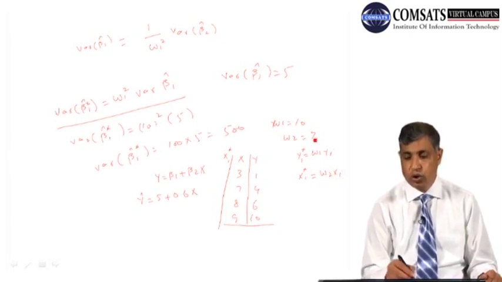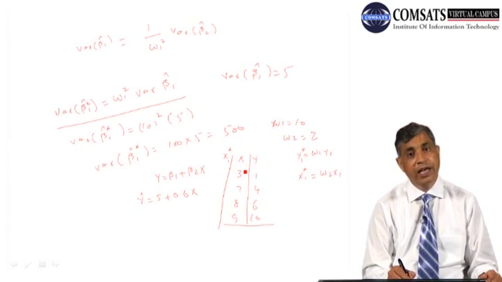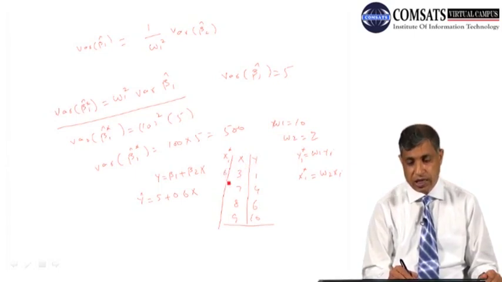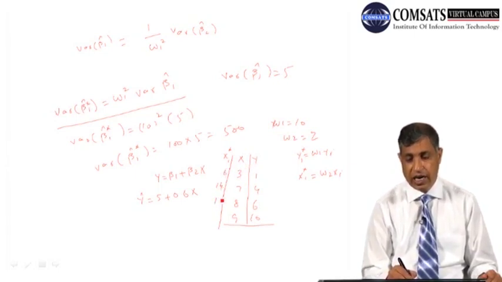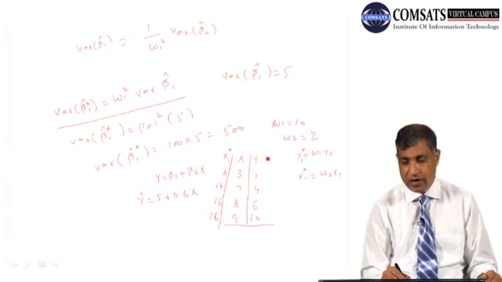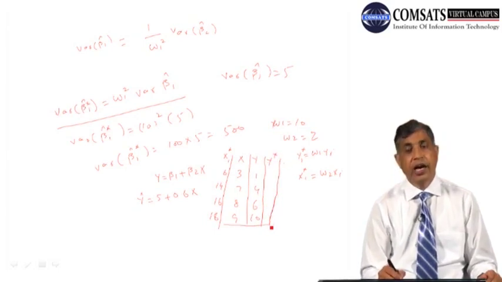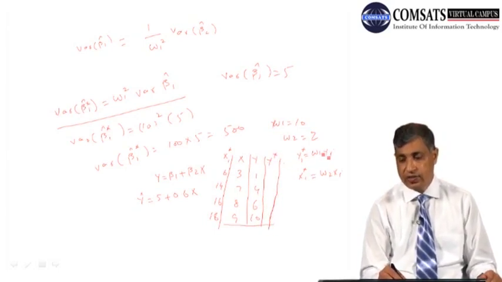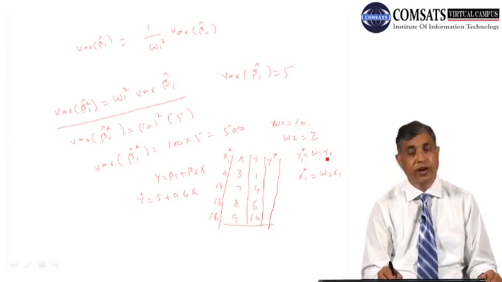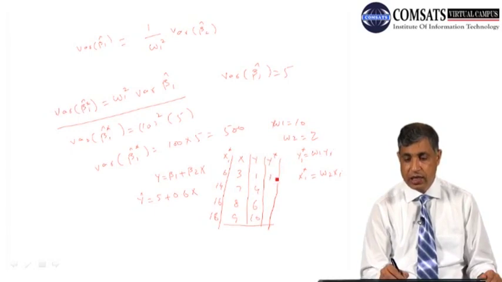W2 is equal to 2 here, so I would have to multiply each value. This will become 6, 14, 16 and 18. Similarly, I will have to generate a new variable, that is y star. W1 is equal to 10 and y star is equal to W1 yi. So this is 10, this is 40, this is 60 and this is 100.